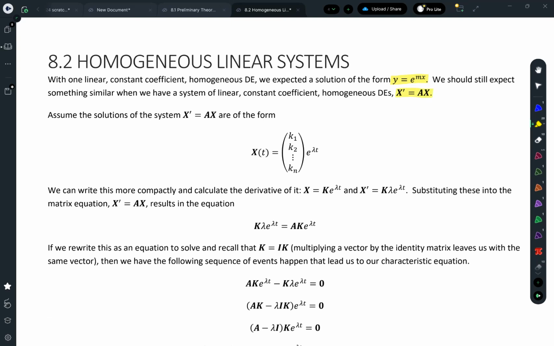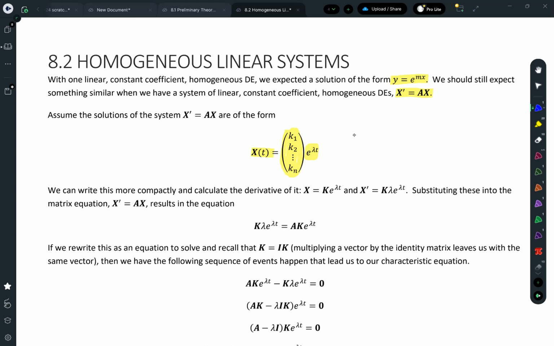In fact, we can assume that the solutions to our system will be of the form x of t equals some vector k1 through kn, the components, times e to the lambda t. If we were to write this out, I'm going to use the example where we have a system of equations with dx/dt, dy/dt, and dz/dt.